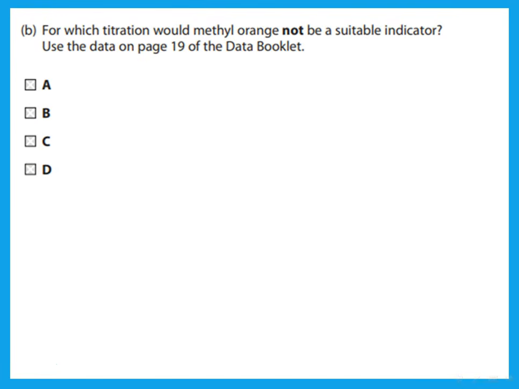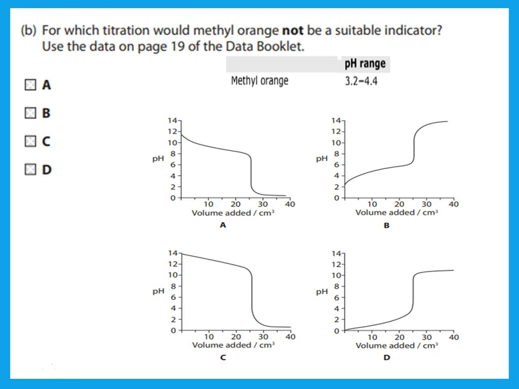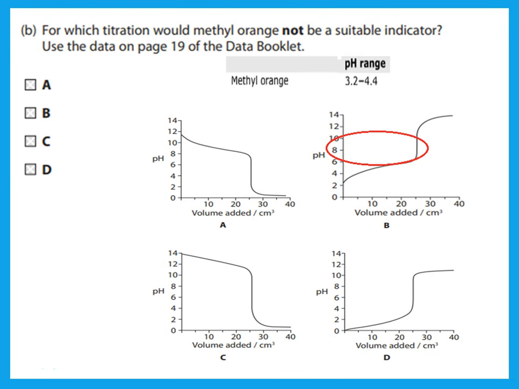For which titration would methyl orange not be a suitable indicator? Now, we look at the data booklet and we find that methyl orange has a pH range of 3.2 to 4.4. So which of these has its pH of equivalence not suitable for methyl orange?